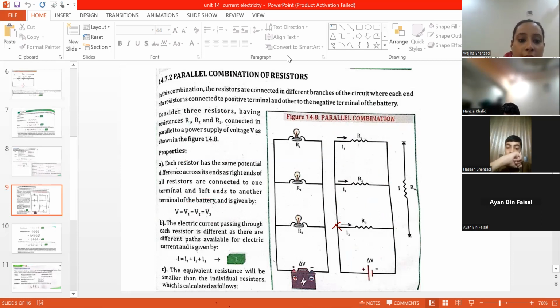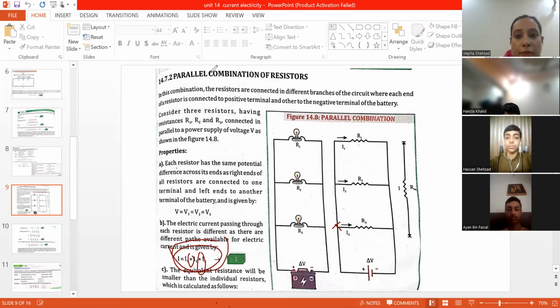So we can say that I is equal to I1 plus I2 plus I3. Keep in mind, when solving these combination resistors, or the combination of capacitors, in the equation having the addition sign, we put the values of the rest of the quantities to solve the equation and get the desired value, right?